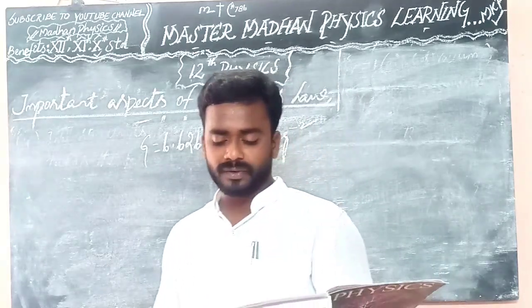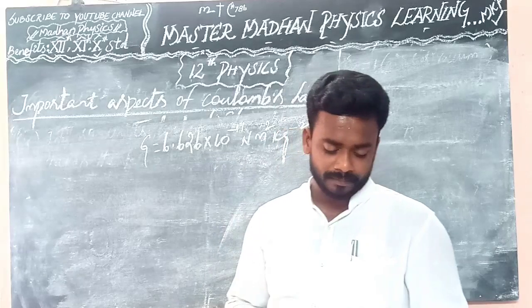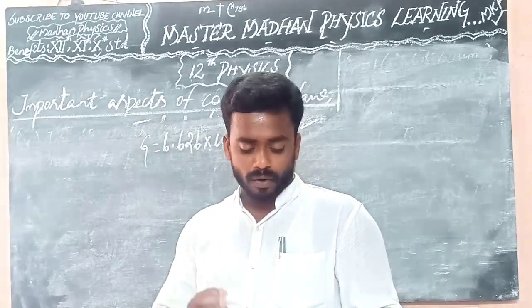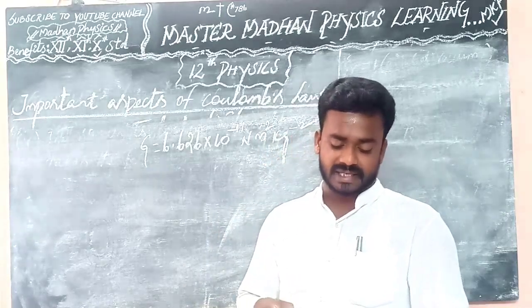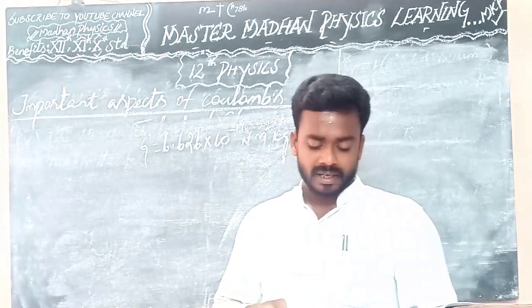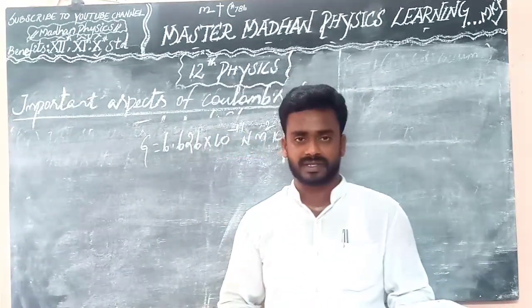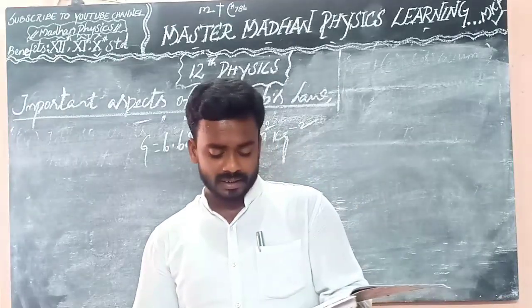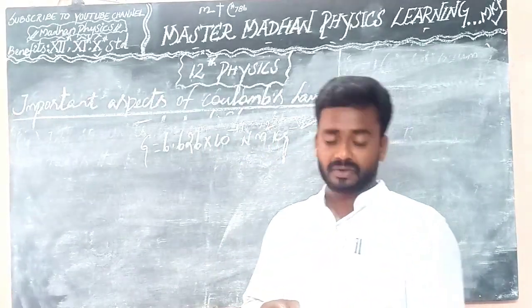The gravitational force between two point masses is the same whether the two masses are at rest or in motion. If the charges are in motion, that is called the Lorentz force. So another force is the Lorentz force.